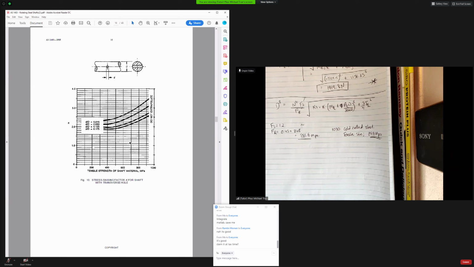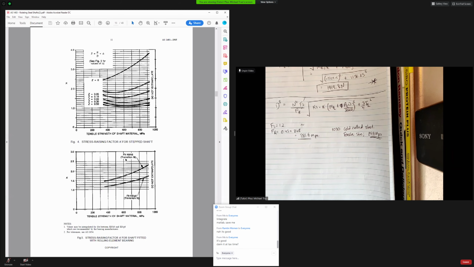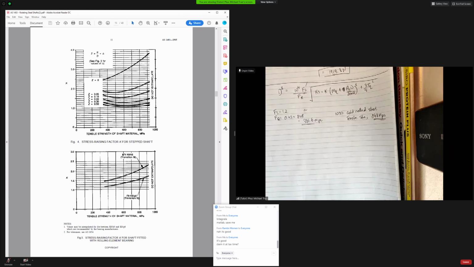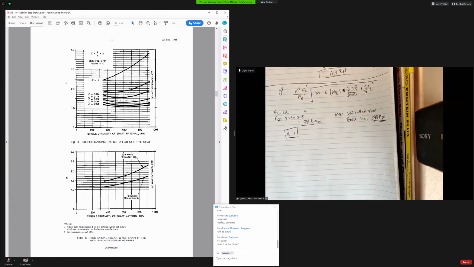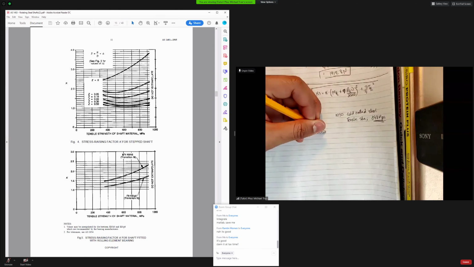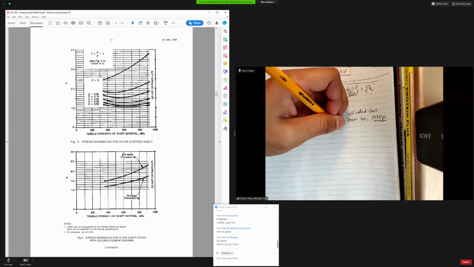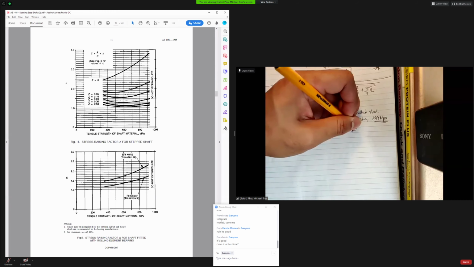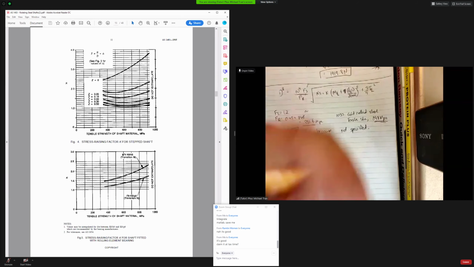But for this tutorial, they don't actually specify how they want to fit the gear onto the shaft. So our K is going to be 1, because it's not specified.